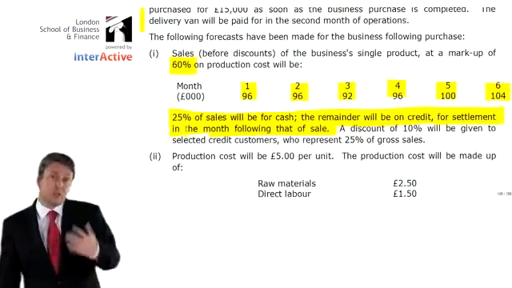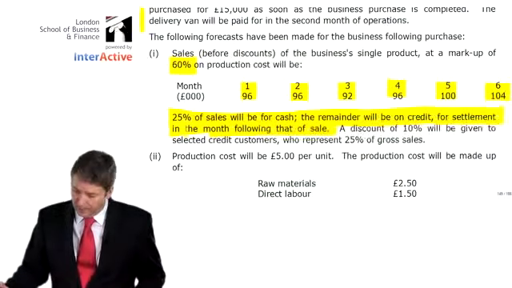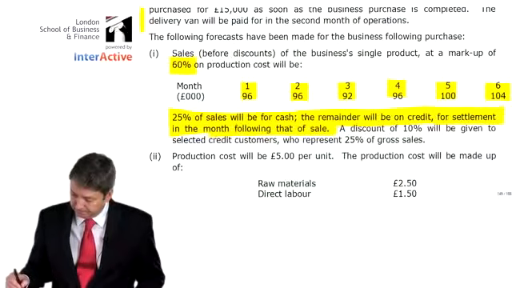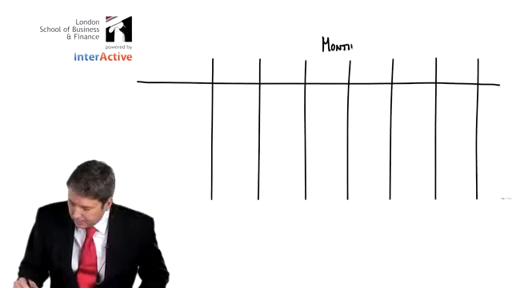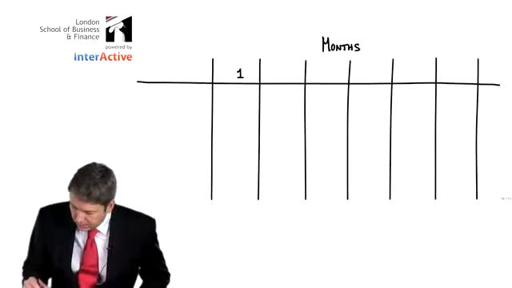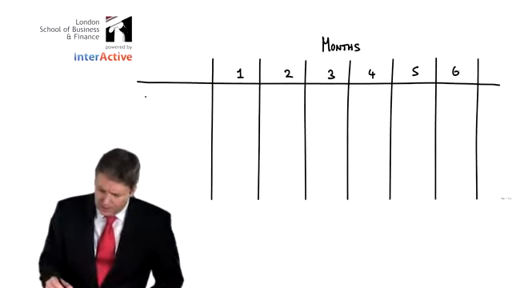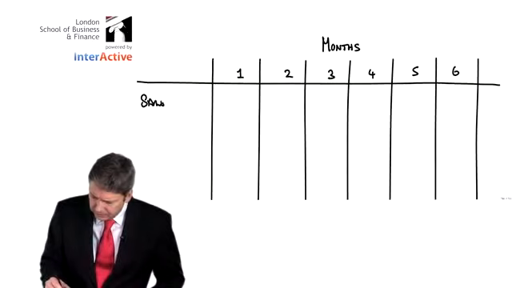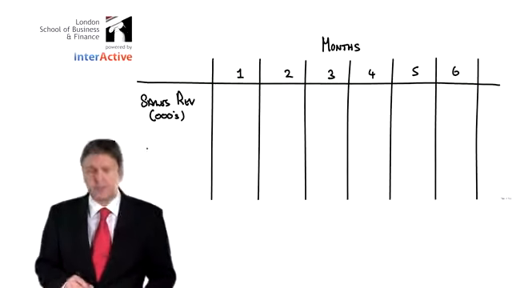If you notice, we've got 6 months' worth of sales revenue. And from that perspective, what we're going to need is 6 columns in our working. So we have the months numbered 1 to 6. And the one thing that we know so far is the sales revenue. In fact, this is the only piece of information that we know in terms of each month.